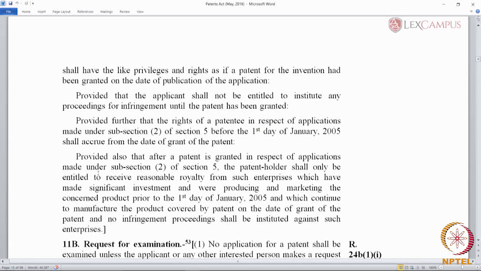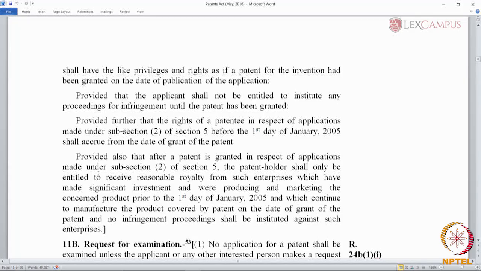So, the mailbox or the black box was a transitory provision which allowed the Indian Patent Office to receive applications for pharmaceutical products on the condition that it would be scrutinized and granted after 2005. So, this was an interim arrangement. Section 5(2) provided the arrangement for receiving those applications and keeping them in the mailbox for examination after 2005.